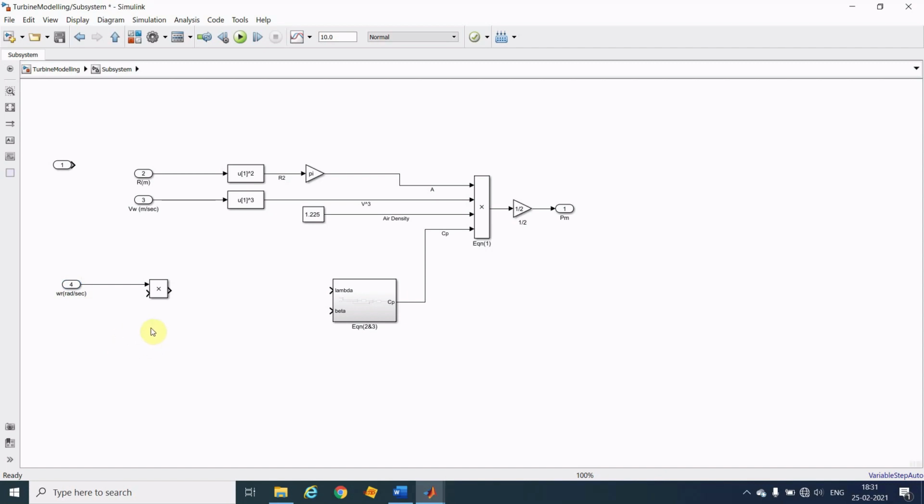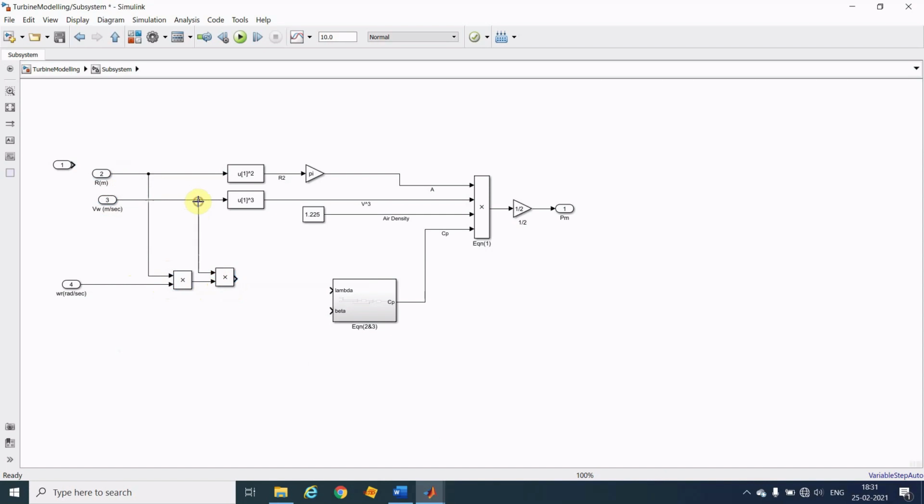So into omega r, so omega into r. Two things we have to do. Here I will do like that, and I will bring r from here, so it will give omega r.